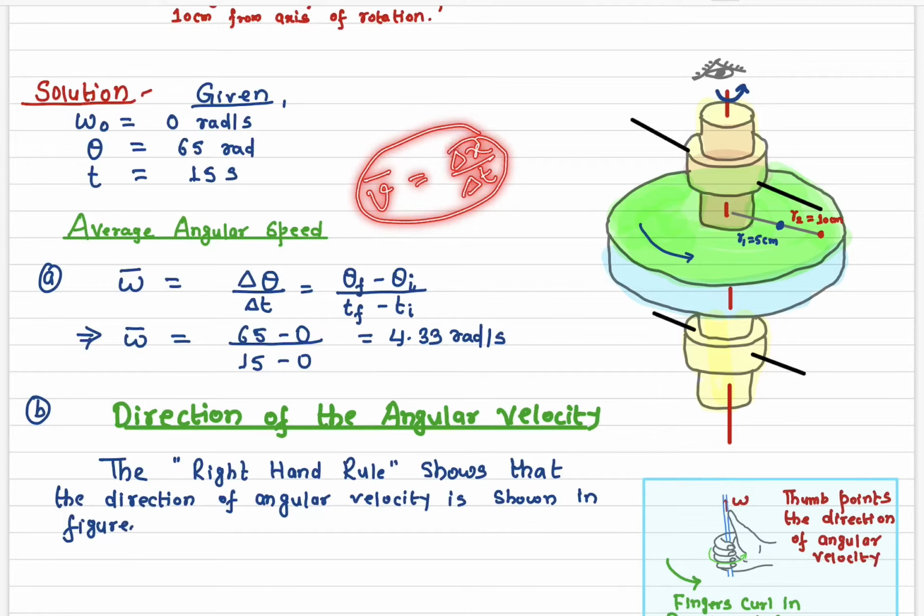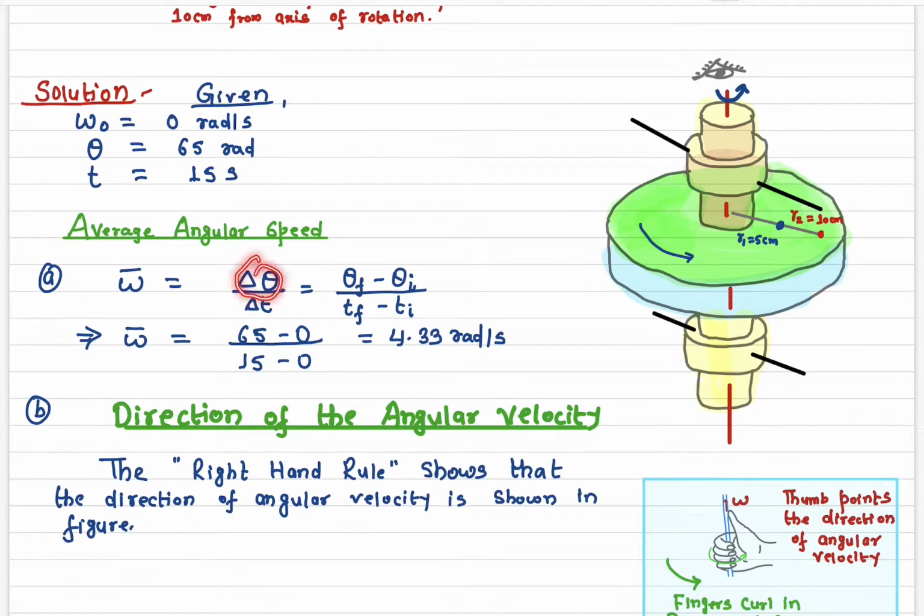So the distance here is equivalent to the angle, and the time is exactly the same thing. So if you know how to calculate average speed in linear motion, then you simply have to change delta x to delta theta. So x is now theta, and that's it. Then you will get the angular speed.